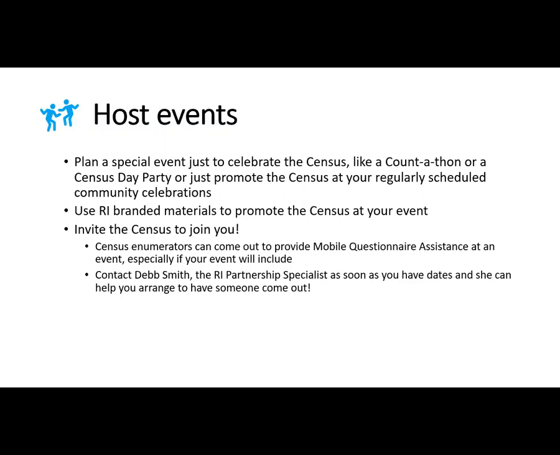I'll give you her contact information, but Deb Smith is our Rhode Island Partnership Specialist from the United States Census. So if you have dates for an event, she can help you arrange to have somebody come out to your event. The sooner she hears about the dates that you have, the better. The more likely it is she'll be able to have someone available to come out and be a part of your event.